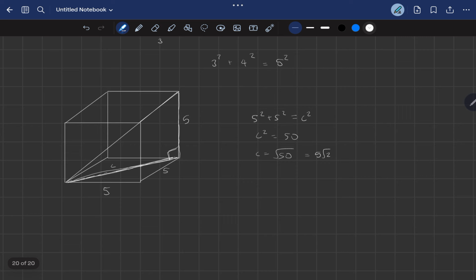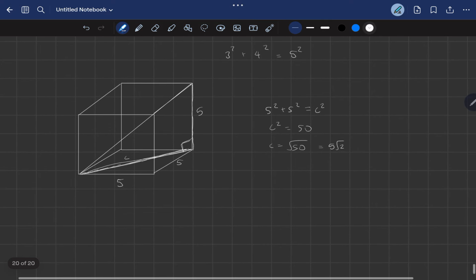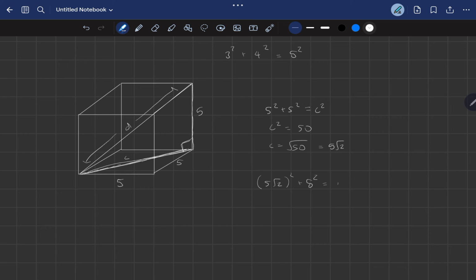Now that is the base of the tilted right angle triangle, and the height is 5. So we apply Pythagorean theorem again. 5 root 2 squared plus 5 squared is equal to, let's label this long side as d, d squared. Okay? Now let's expand this out.